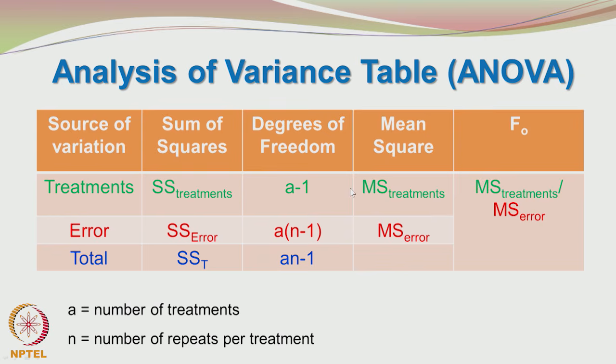So this is a kind of variance. Then similarly, you also have the error term, where you have the mean square error, where the sum of squares of the errors is divided by the degrees of freedom. So you compare the mean square treatment by the mean square error to get the F value. And based on the probability values associated with this F value, you can make the adequate conclusions.